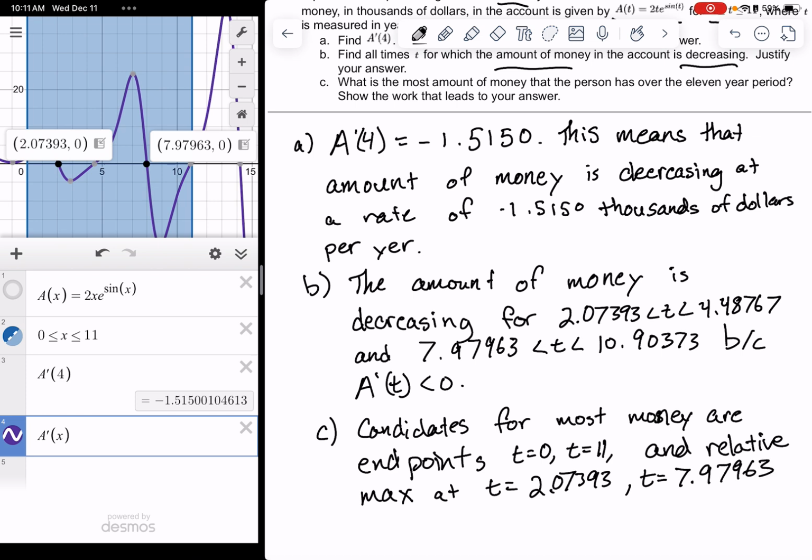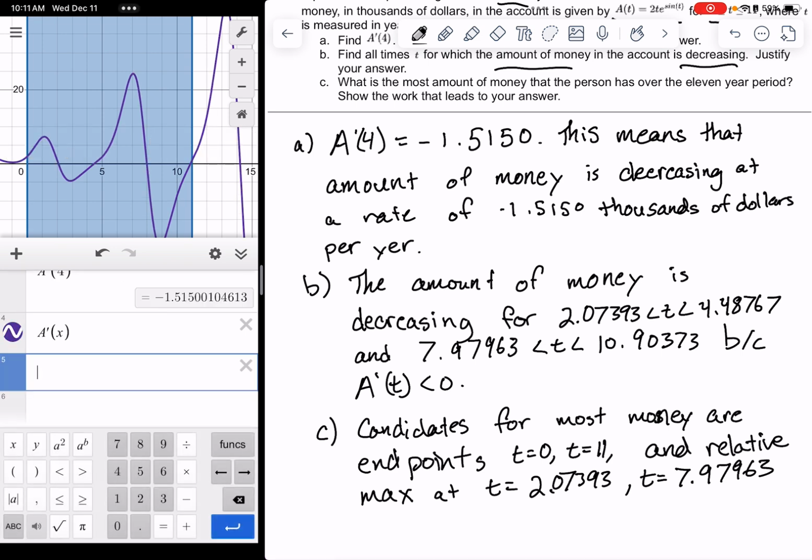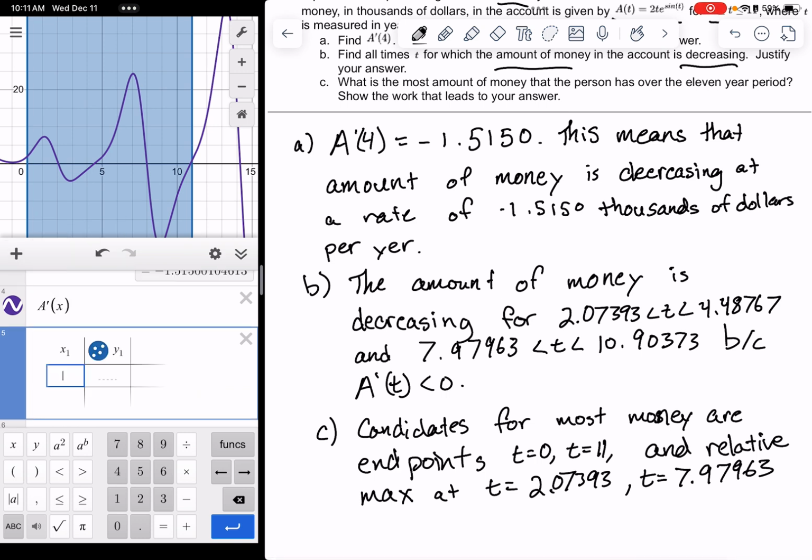7.97963. All right, now here is the great thing about doing this in Desmos especially. I can make a table. So if I click the plus button and add a table, I can throw that in there. And instead of calling this x1, y1, I'm going to call this t and A of t.